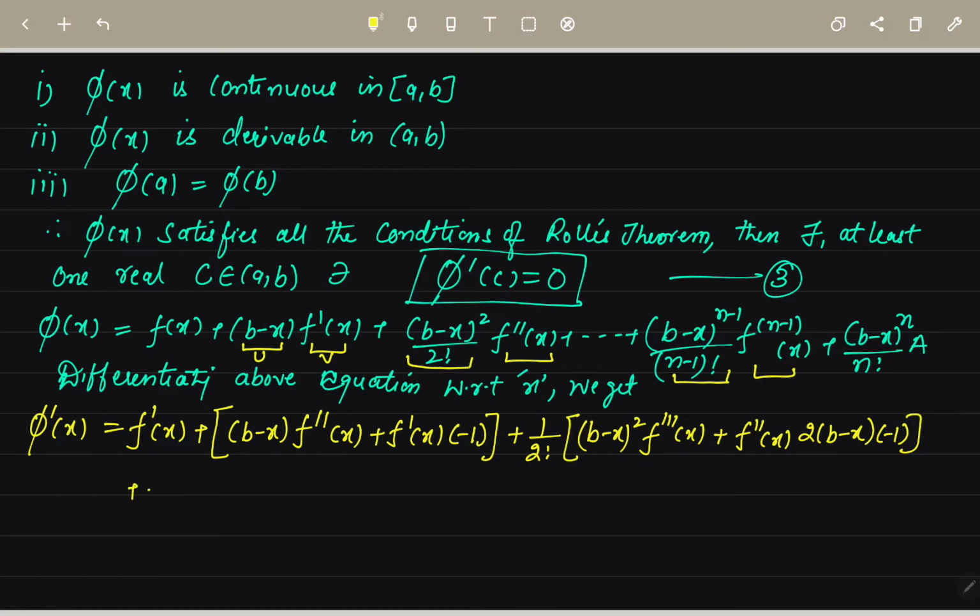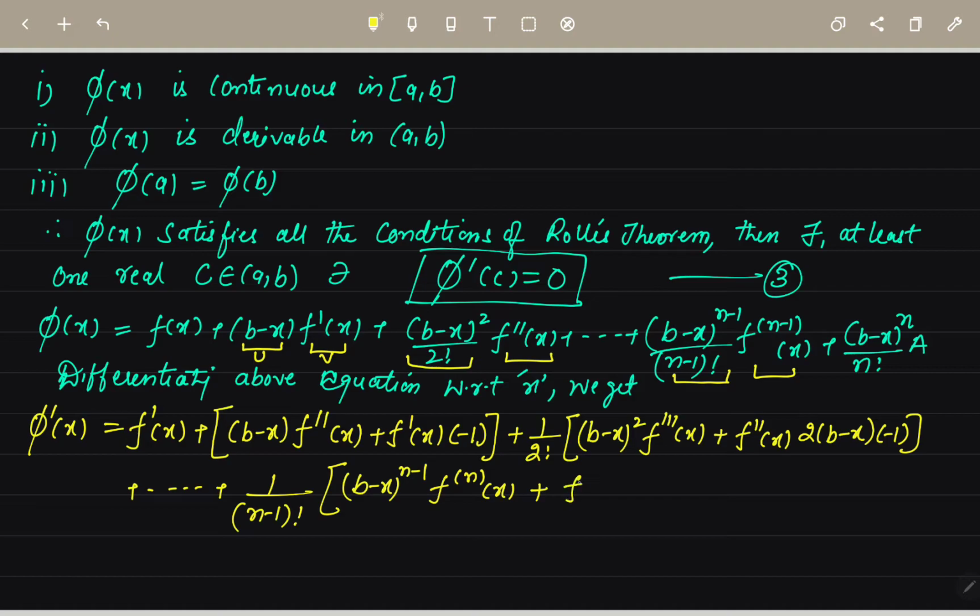So on up to the n minus 1 term, I will take 1 by n minus 1 factorial common, and in brackets we have the first term into differentiation of second term. The differentiation of this term becomes the nth derivative of f at x.